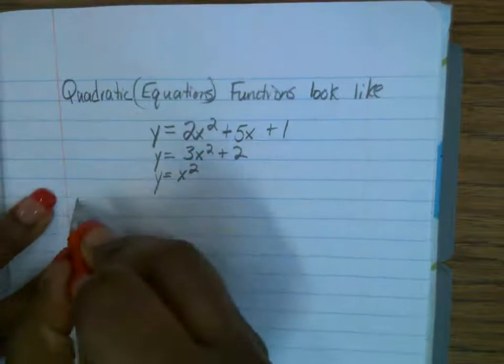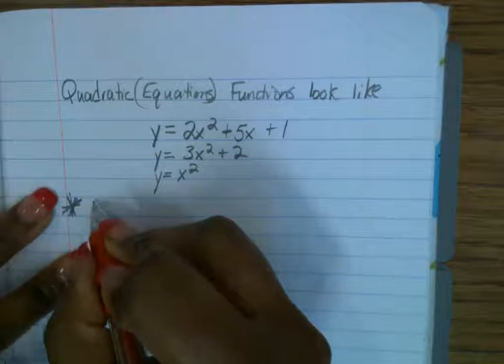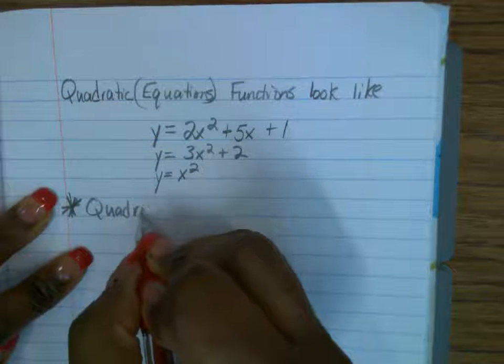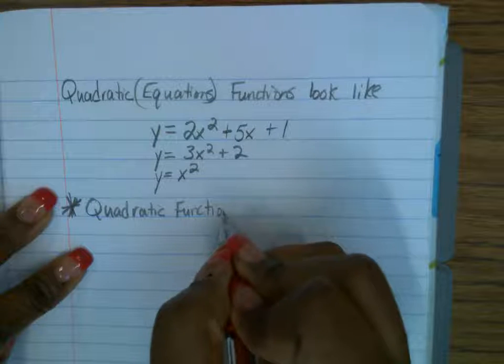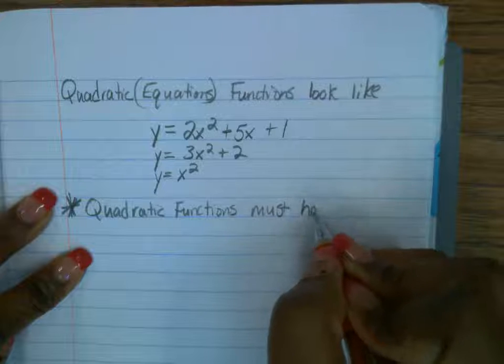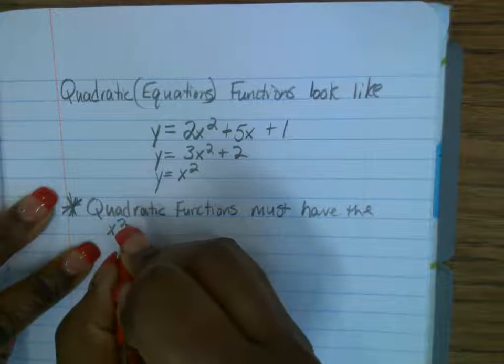So I'm going to put an asterisk here. And don't hesitate to ask questions, okay? The asterisk here is going to say quadratic functions must have the x squared term.